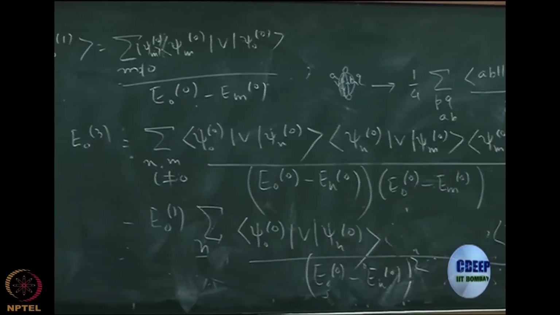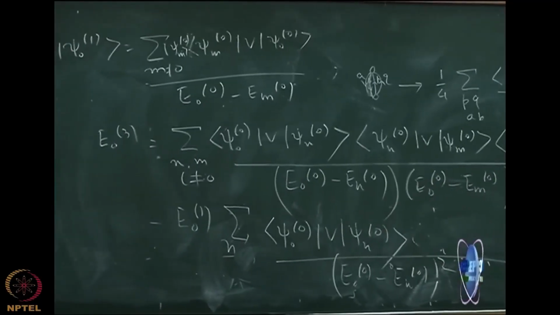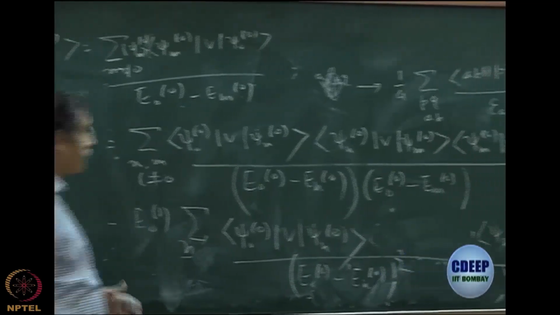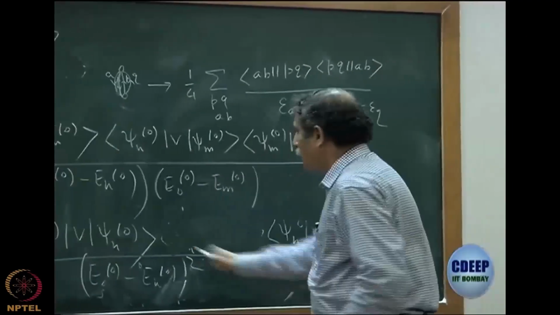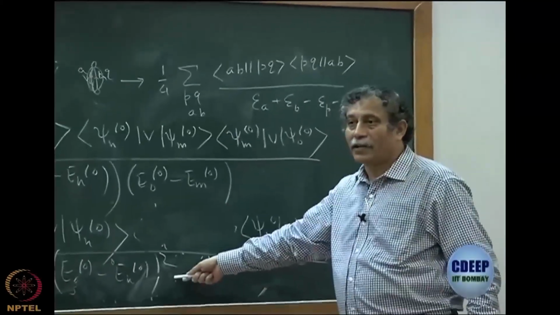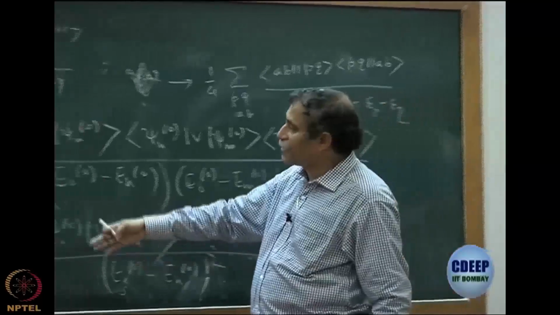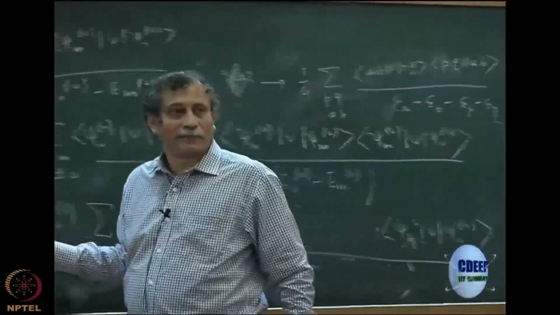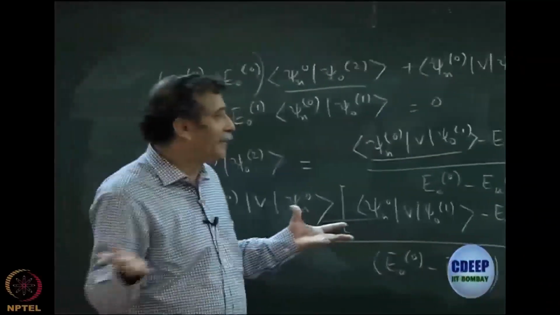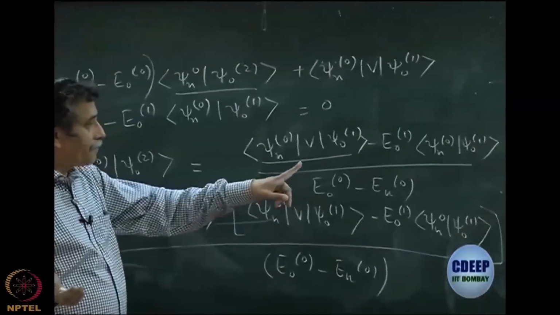Otherwise E naught 2 was exactly the same, psi 0 0 V psi n 0 back to psi 0 0, divided by the denominator, but now you have a squared denominator, that is the only difference. Otherwise, I would have written it as E naught 1 into E naught 2. It would have been even simpler, which is also dimensionally third order, but actually it is not, this remains.